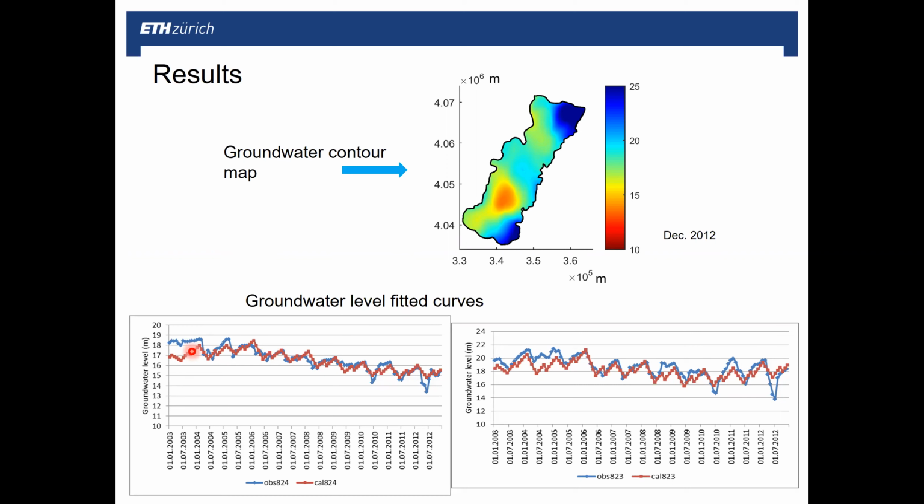This is because we use a steady state result as the initial condition, so that means in these areas, the steady state assumption is inconsistent with reality. But after 2 years, we forget the influence of the initial condition, and the rest of the time the groundwater model could represent the observations well.